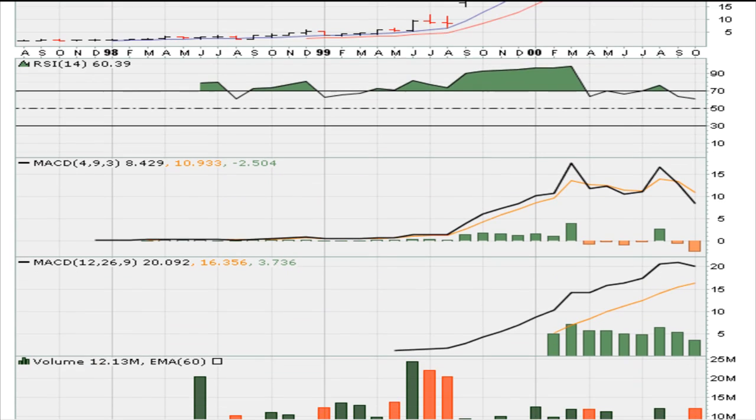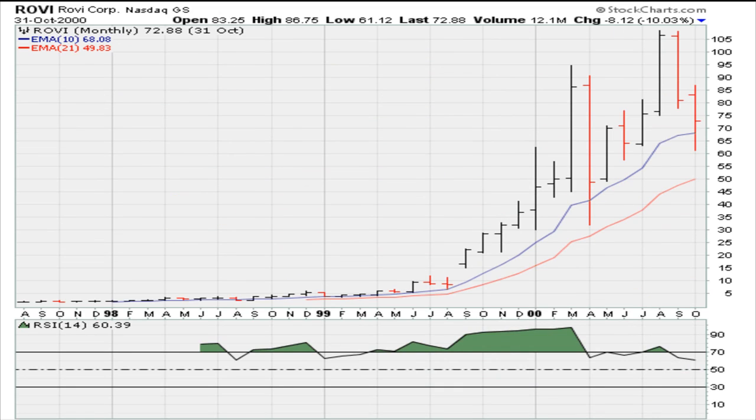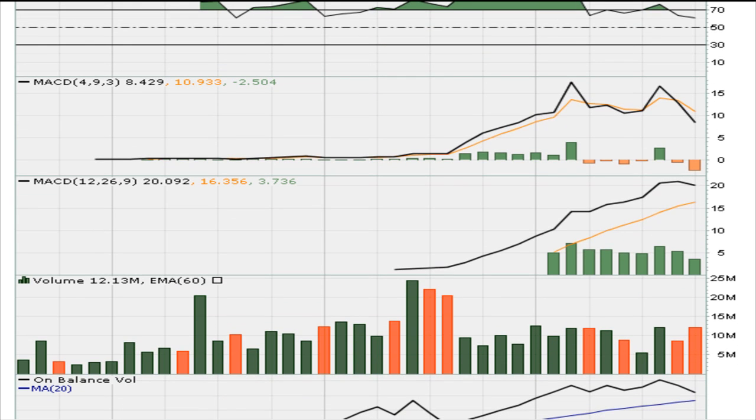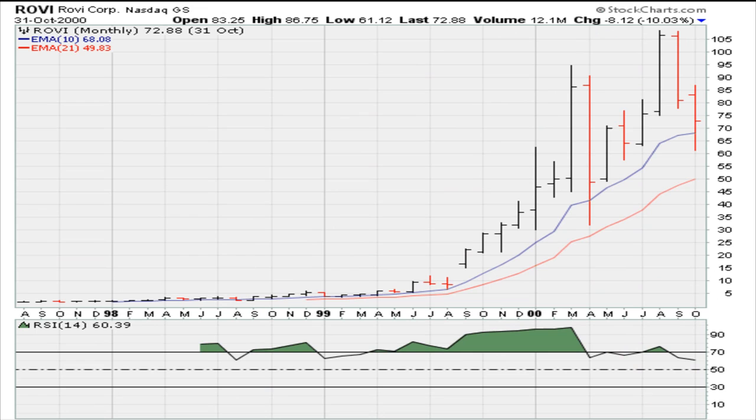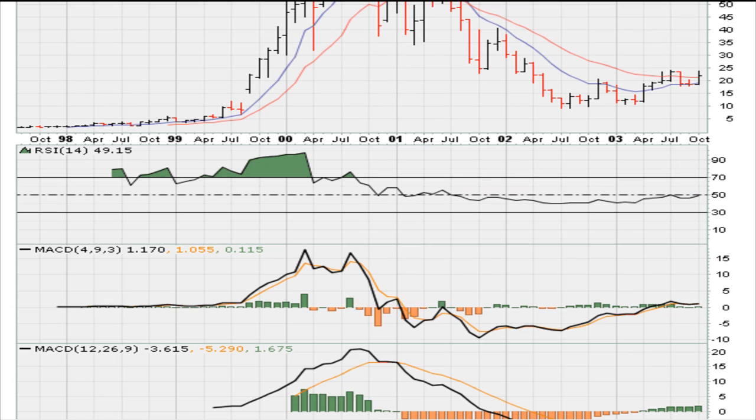We all know that by now. And even though the MACDs are not giving us a fresh move to 3-year lows, all-time lows, the RSI, which is the main indicator here, was telling us that a move to 3-year lows, all-time lows, would be destructive. Here we're talking at a price range of about $70. Let's see what happened after that.